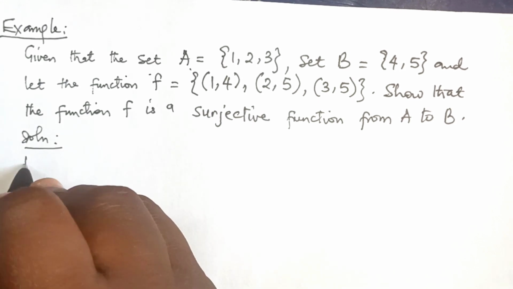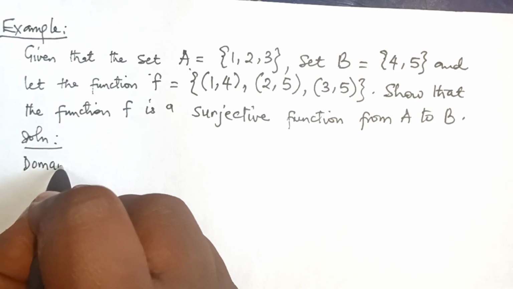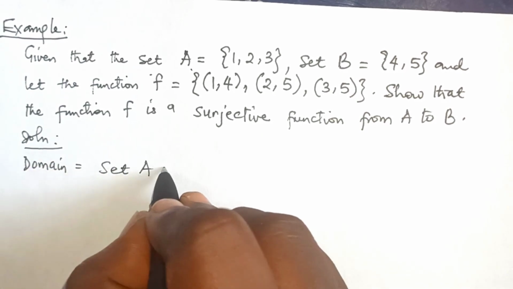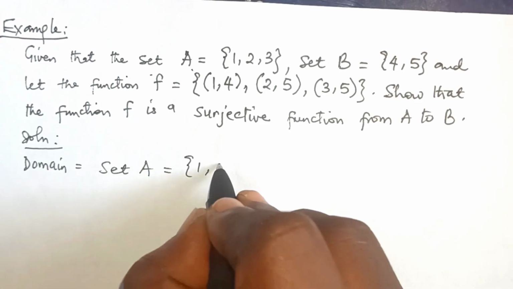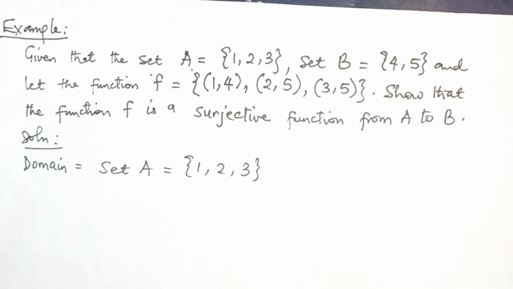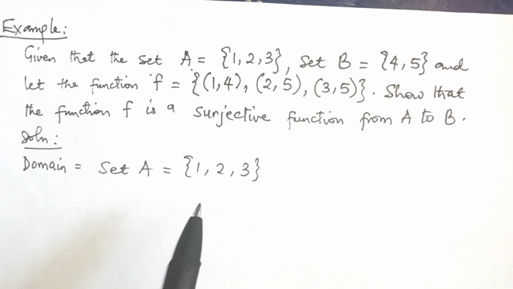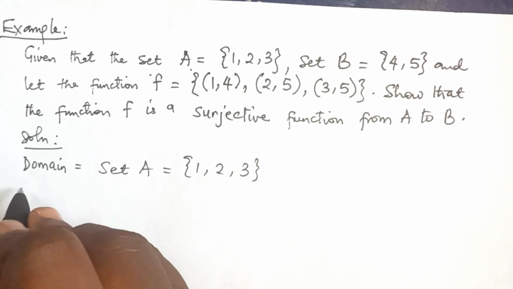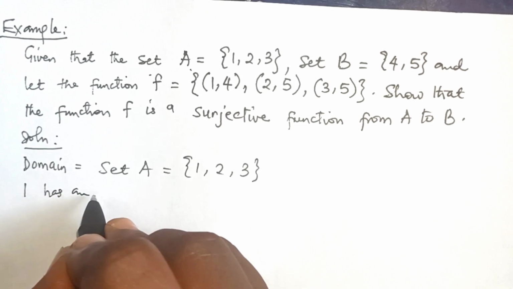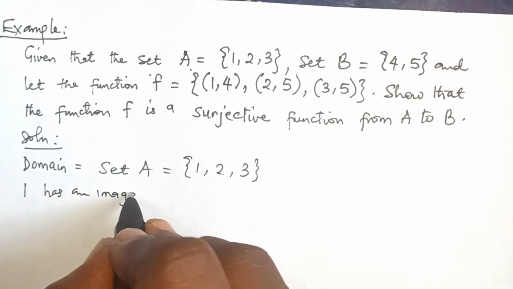The domain is set A, which is given as the set with the elements 1, 2, and 3. Then we can see that the elements from set A, which are 1, 2, and 3, for 1 has an image 4.